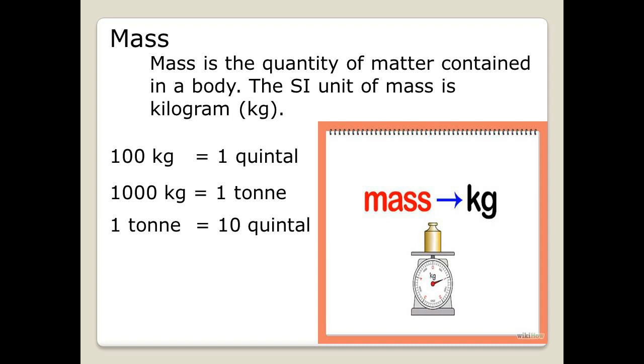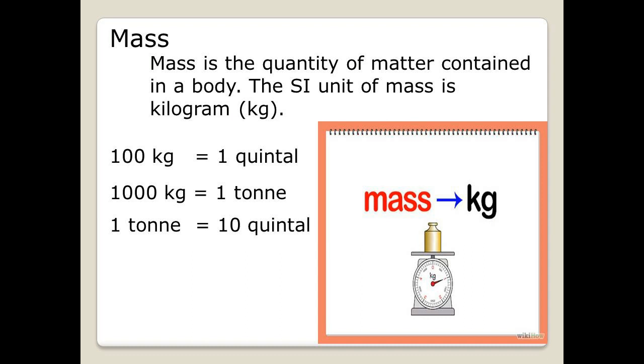Mass. Mass is the quantity of matter contained in a body. The SI unit of mass is kilogram. 100 kilogram is equal to 1 quintal. Instead of saying 100 kilogram, we can use 1 quintal. 1000 kilogram is equal to 1 ton. For example, when we build homes, during the purchase of sand for building, they would ask how many tons of sand do you want, not how many kilograms of sand.